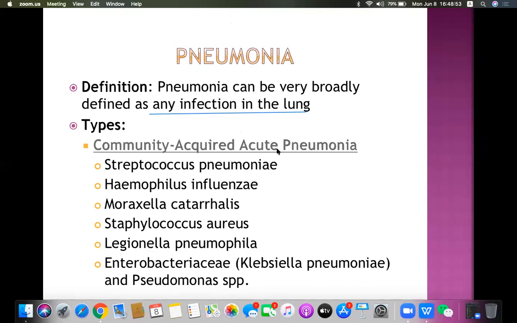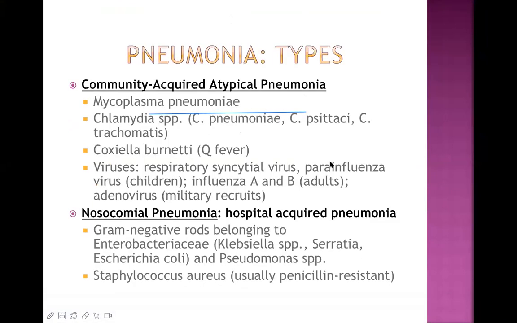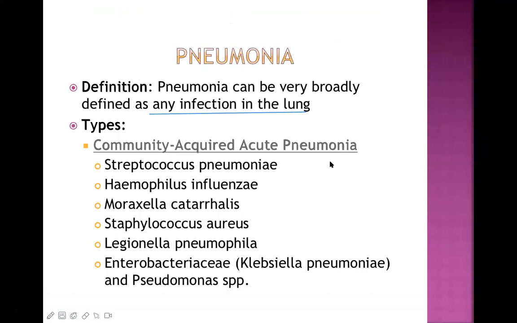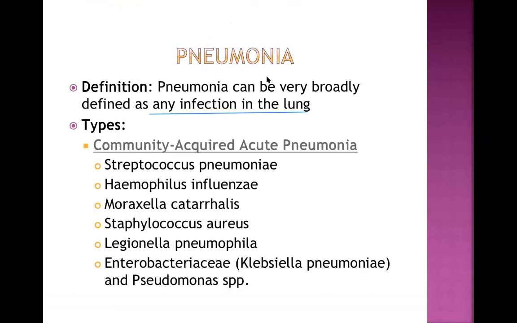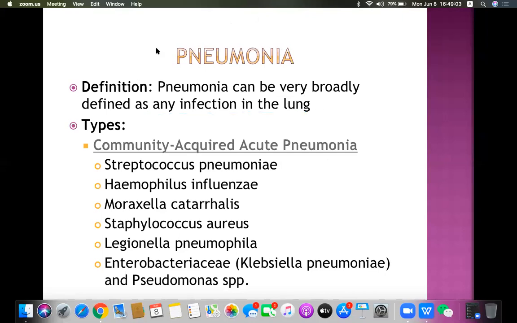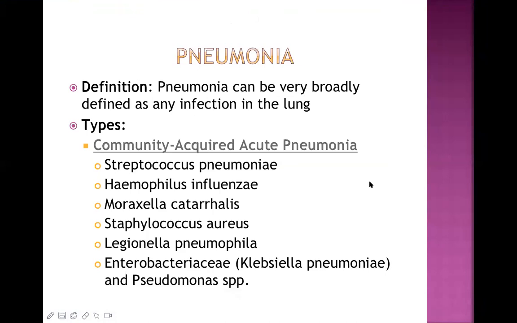Now, first is community acquired pneumonia. Sorry, let me erase it first. It caused a little bit of confusion here. Fine. So community acquired pneumonia is the first one, and there are multiple community acquired bacteria which can cause it.